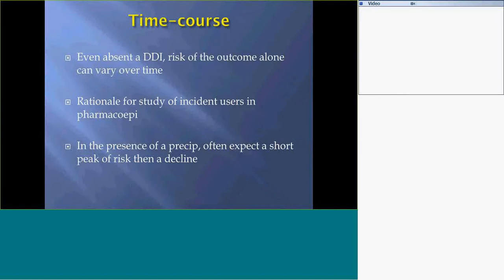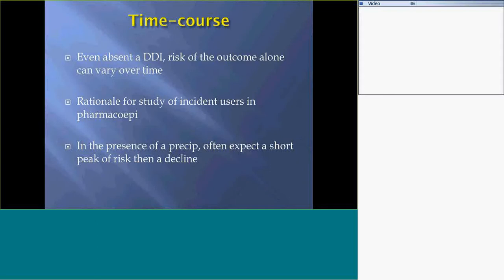It's also important to think about and investigate the time course of drug-drug interaction. So even absent a DDI, the risk of an outcome or hypoglycemia alone can vary over time as disease severity changes, patients have infections and other things that can increase and decrease risk.